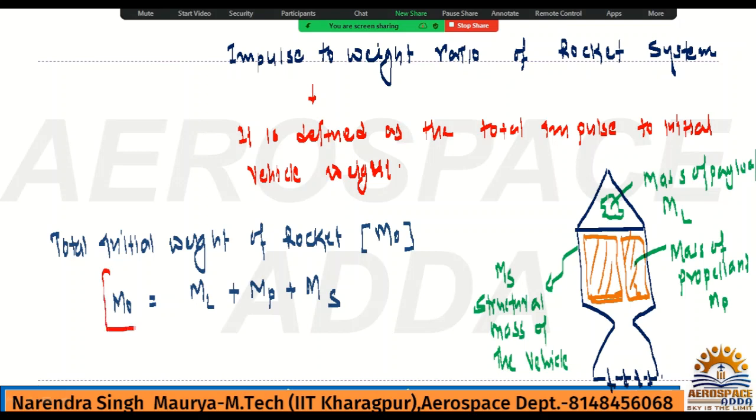These points are very important and are the foundation of the numerical. Once you understand the basic things, you will be able to understand the numerical part very easily, otherwise there will be lots of confusion in the rocket problems.